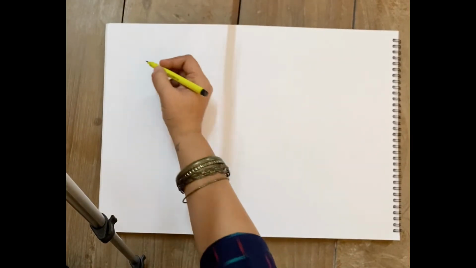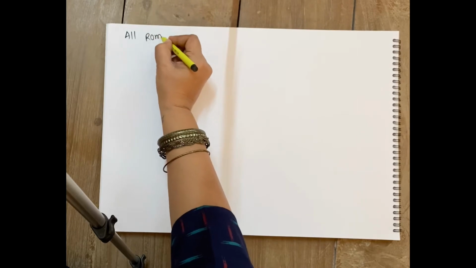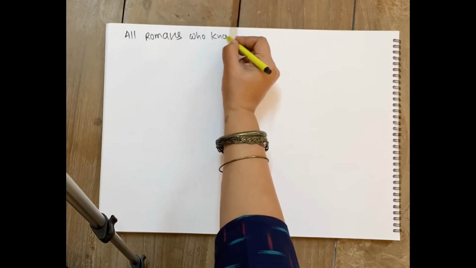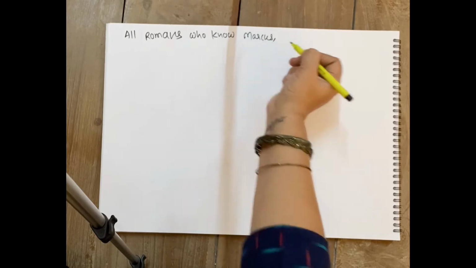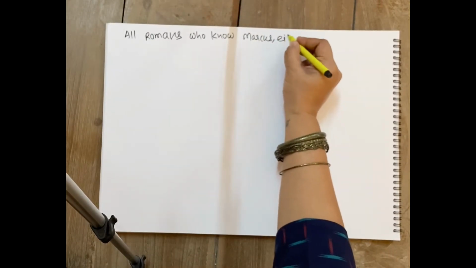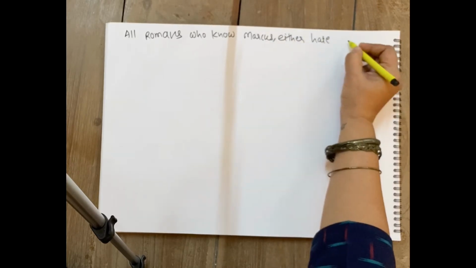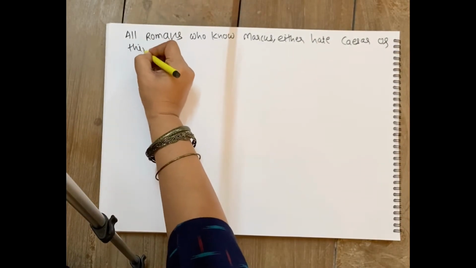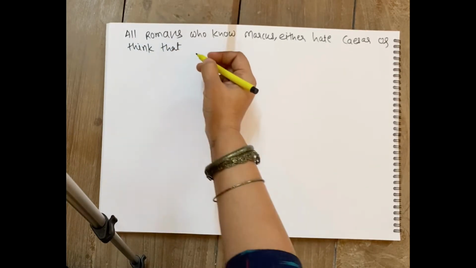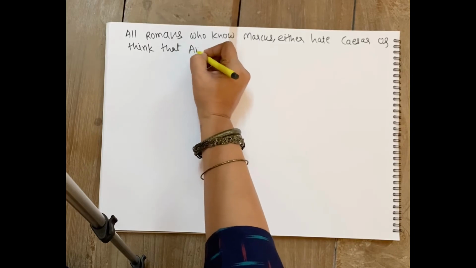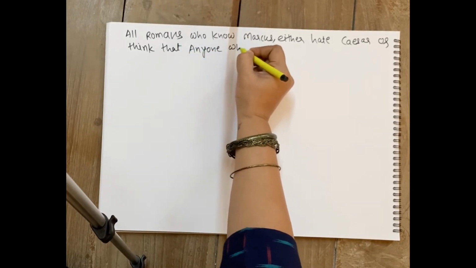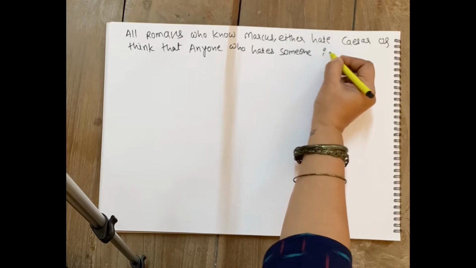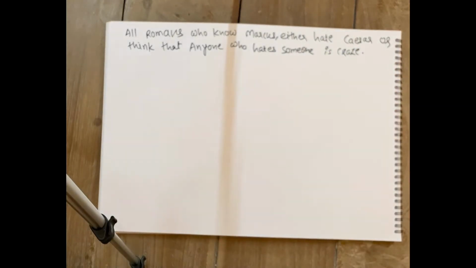So the statement says: all Romans who know Marcus either hate Caesar or think that anyone who hates someone is crazy. Okay, fine. Now let us try to understand what this statement says.